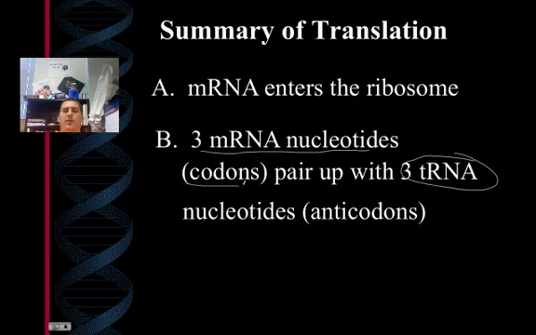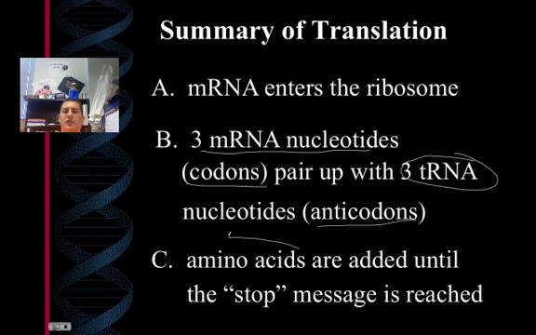Three mRNA nucleotides are going to be called codons, which are going to be paired up with anticodons, which are tRNA. Amino acids are going to be added until you receive a stop message. On your codon chart, there are going to be 3 stop codons, which are going to tell the ribosome to stop making that protein at that specific moment.